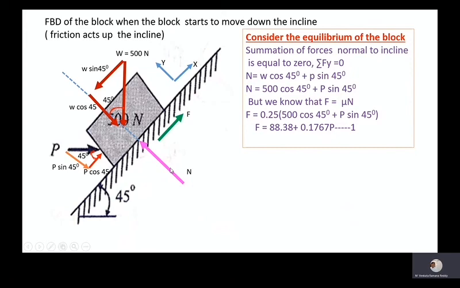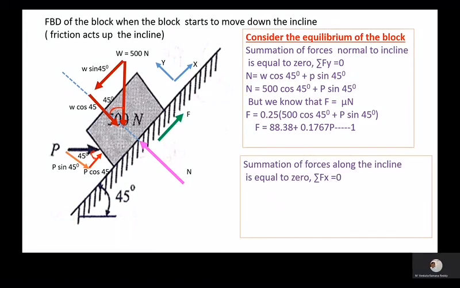Now we'll consider the forces along the incline. Summation of forces along the incline is equal to 0, that is sigma F of x is equal to 0. What are the forces along the incline? F, P cos 45, W sin 45. Rightward forces positive and leftward forces negative.